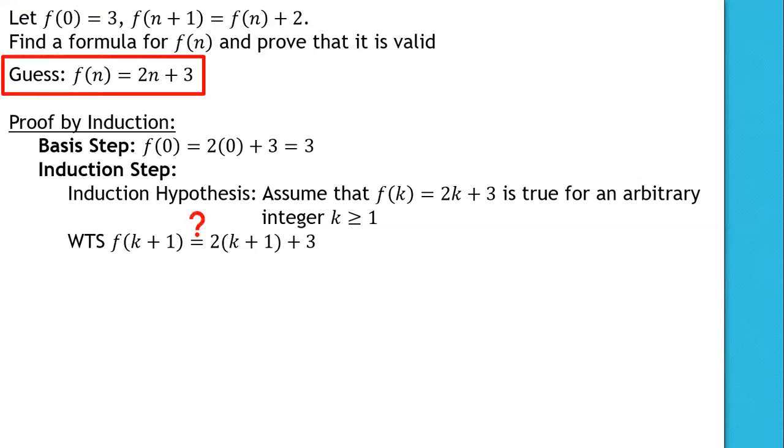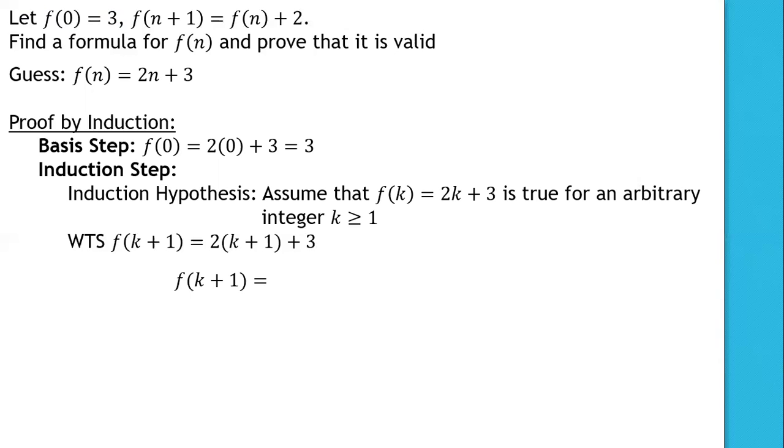So the question is on that equal sign. It's a little more hidden this time, but we're asking, does the recursive definition there on the left give me the same answer as the formula there on the right? So let's start with that f of k plus 1. And I just told you that we can't just say that that is equal to 2 times k plus 1 plus 3, because that's what we're trying to show.